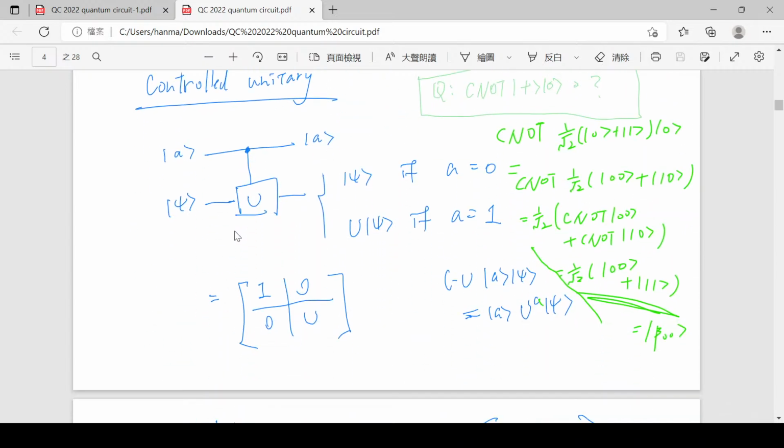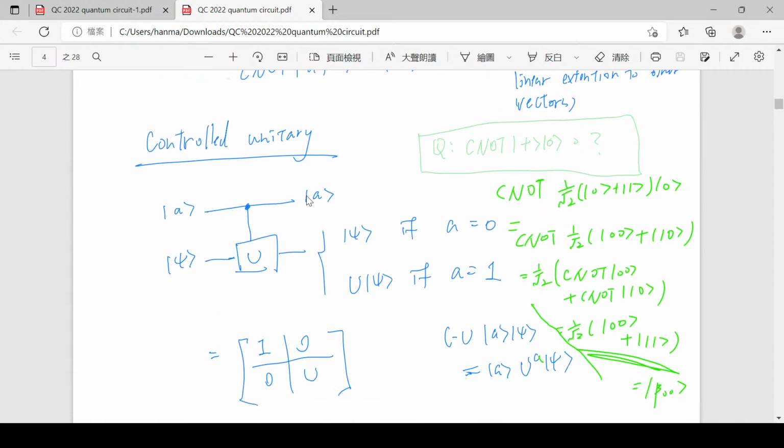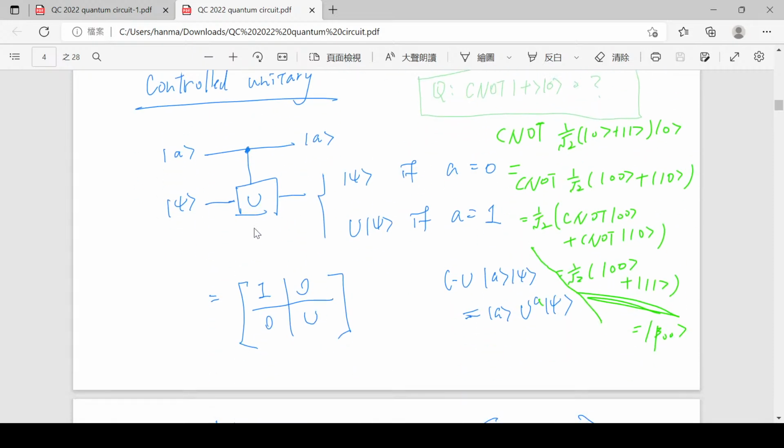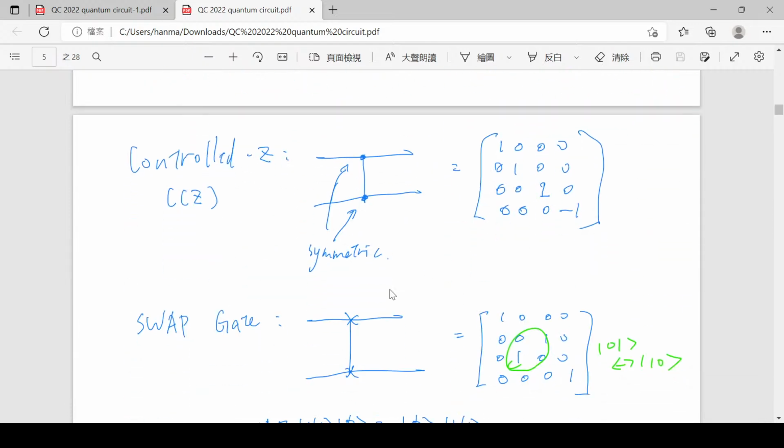And now we have other gates. We can have an arbitrary controlled unitary that does nothing if the control qubit is 0 and applies this unitary if the control qubit is 1. In particular, there is controlled Z. Controlled Z has this special symbol that looks symmetric because it is very symmetric between its control qubit and target qubit.